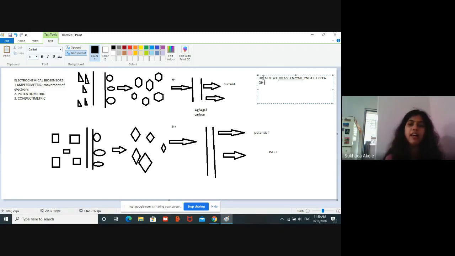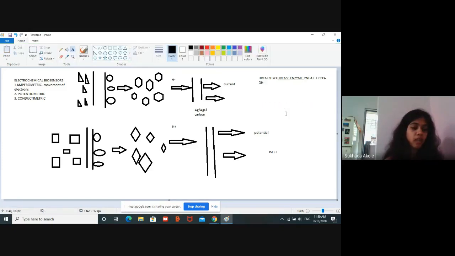In fact, these urea biosensors are very helpful when we have to look for urea during dialysis, because our kidneys don't function properly. So there is always an increased amount of urea, and therefore the concentration of urea will keep on changing, and therefore these biosensors can be used.